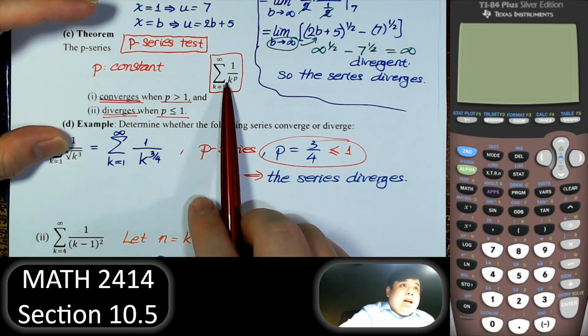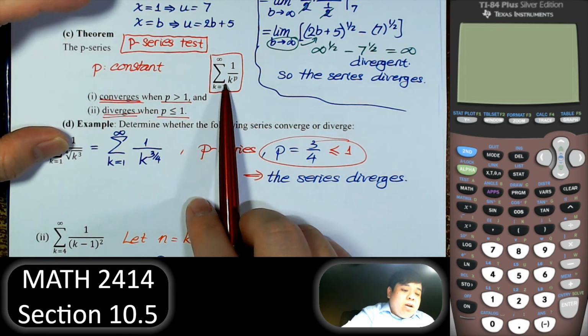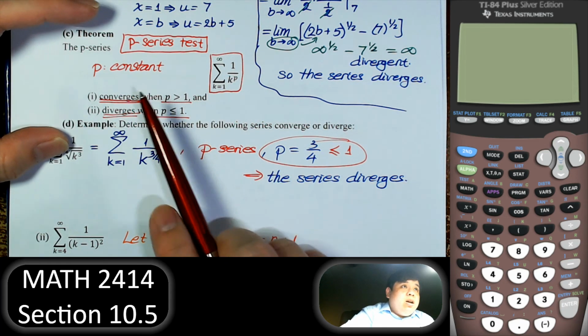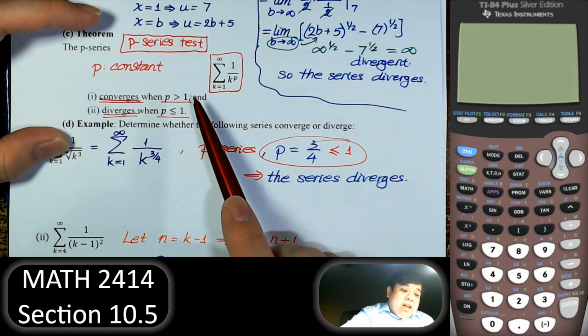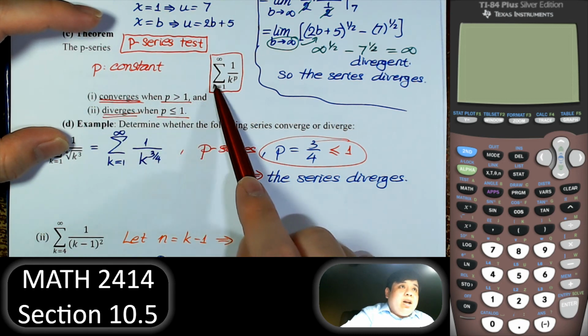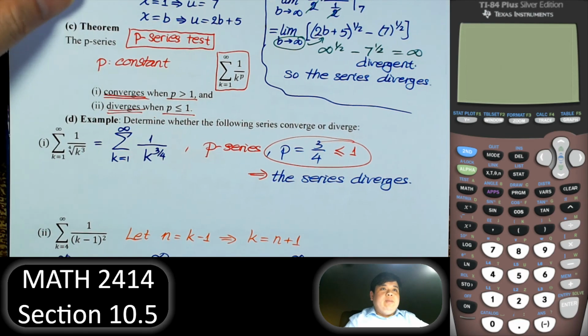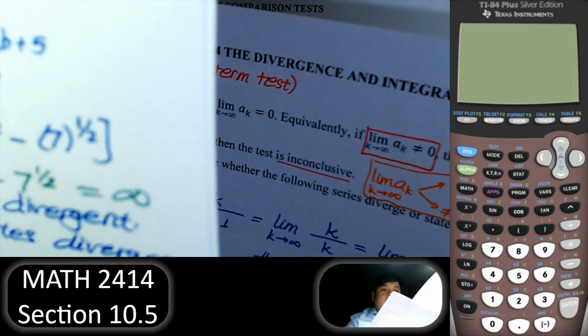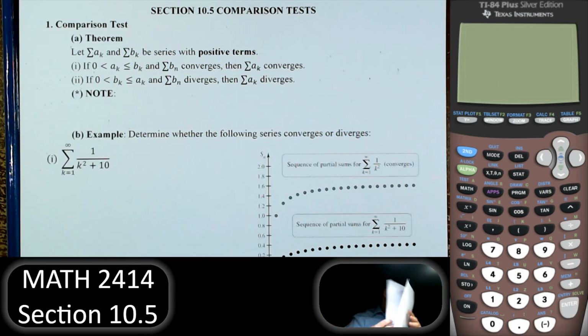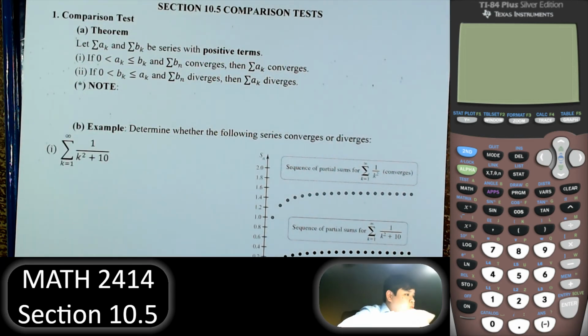So the P-series in this form: if P is greater than 1, it's convergent. If P is less than or equal to 1, it's divergent. Right, so those are the three tests we have in section 10.4. Just want to go back and go over everything.